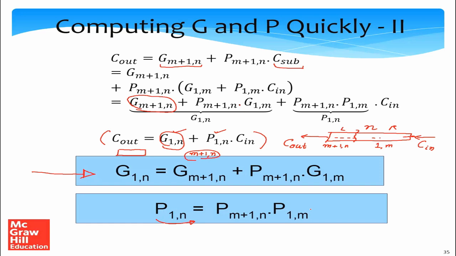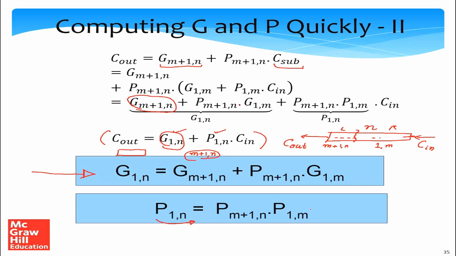But the important take home point is that a carry out is generated only under two circumstances. Either the n bit block generates a carry, which means irrespective of the input carry, the output will always be 1, or it propagates a carry, which means that if the input carry is 1, the output carry will be 1, and if the input carry is 0, the output carry is 0.